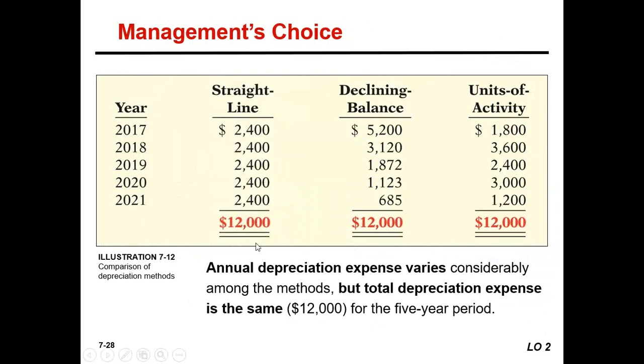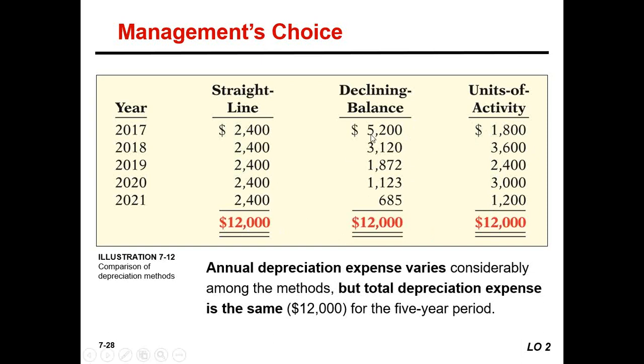Look at the difference and look at the similarities. They all wind up with $12,000 in accumulated depreciation. But how we got there was completely different depending on the method used. Many companies that have manufacturing equipment believe units of activity or units of production matches more closely the actual depreciation of the equipment.